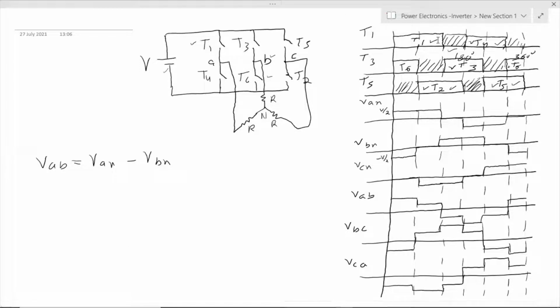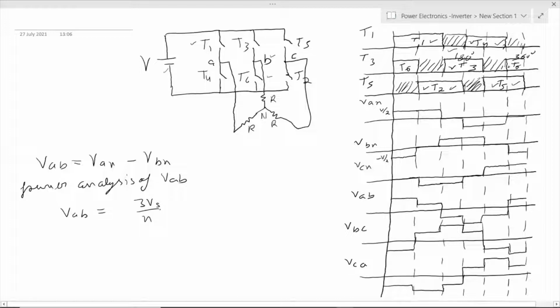So if we do the Fourier analysis of, let us say, VAB, then VAB will come out to be 3V upon n pi sine of n omega t plus pi by 3, where n is equal to 6k plus minus 1, where k starts from 0, 1, 2, 3, and keeps on going.